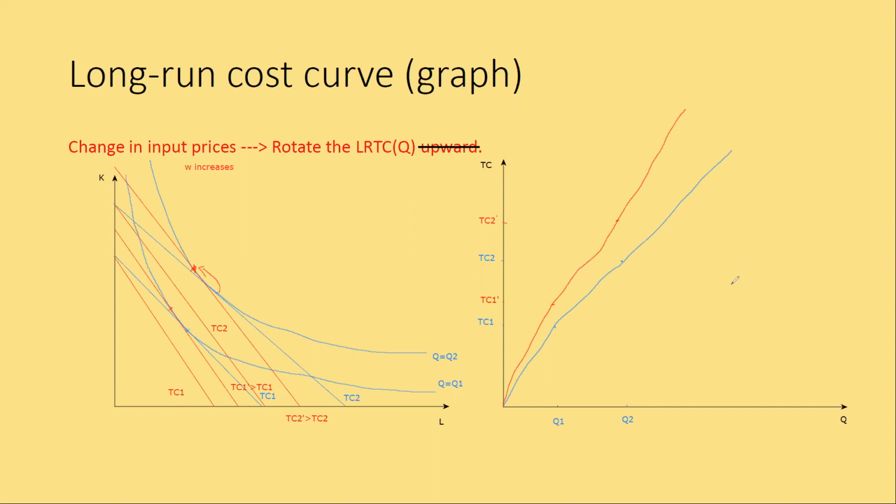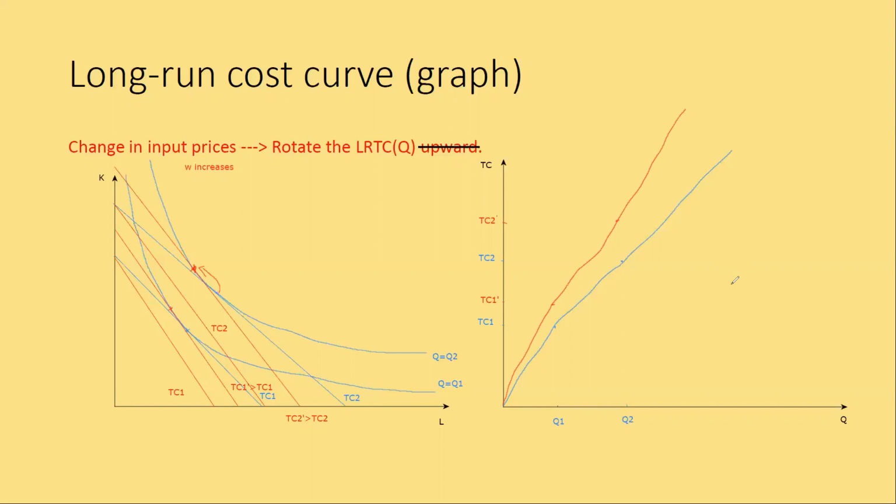Of course, my drawing is not showing that it is actually the same. It's a rotation. But we can see that first, they are both still increasing, and they take the value of 0 when we produce 0 units of output. Those two must be satisfied.